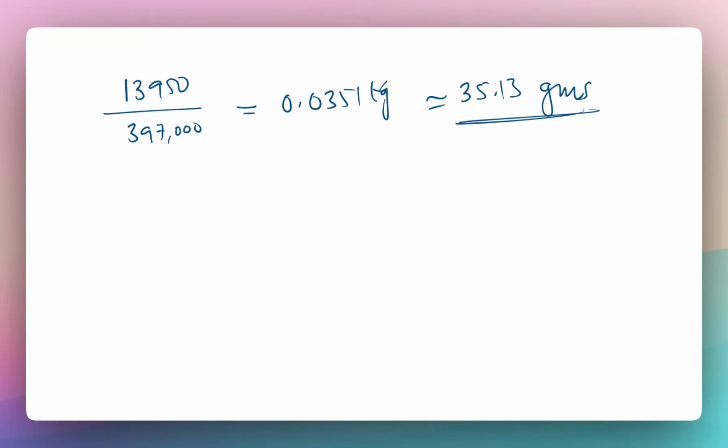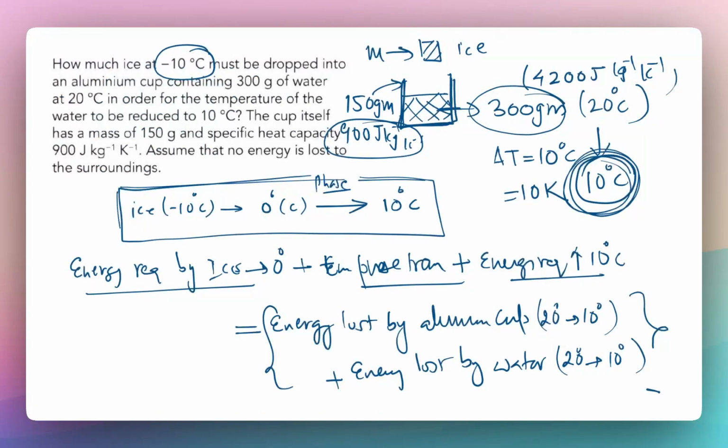Okay, and that will be our answer, that this much ice is required to arrive at what we want. So how much ice is required? Roughly 36 grams, right? So ice is first going to start from -10 degrees Celsius and come to 0 degrees. We use the specific heat capacity of ice for that.